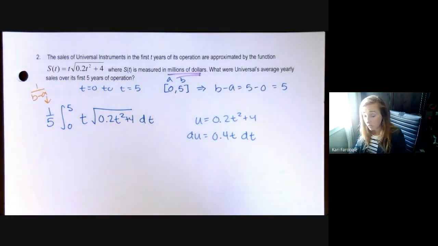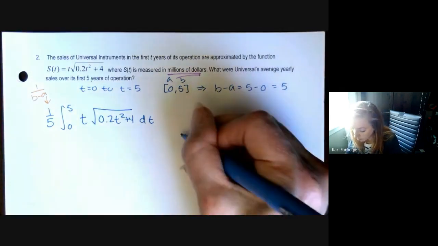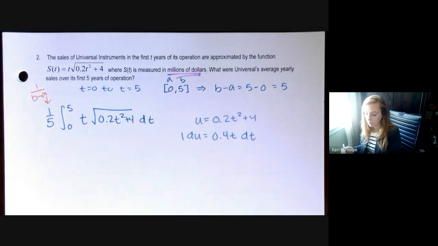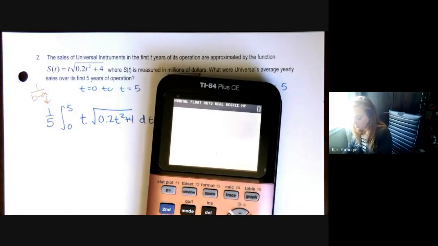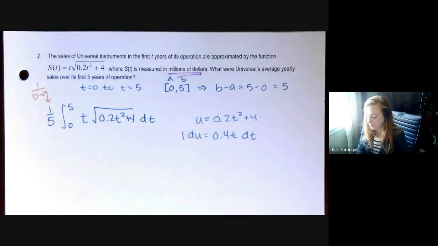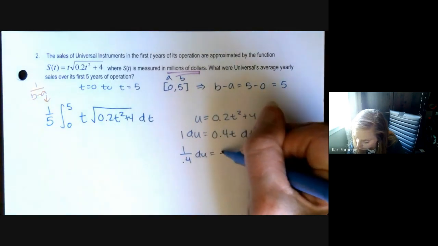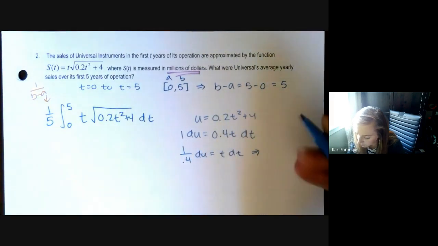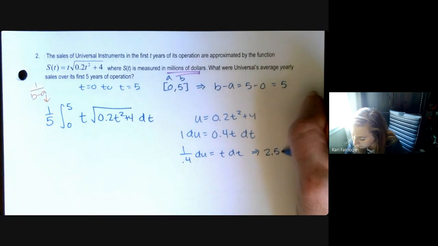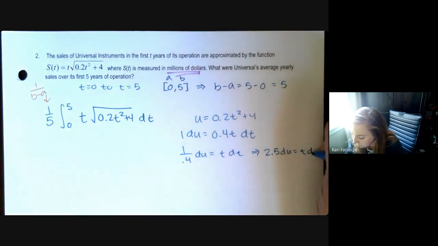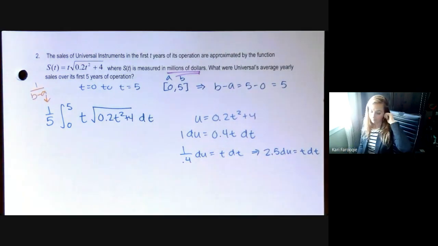If I divide both sides by 0.4, really you're just taking 1 and dividing it by 0.4, which is 2.5. So 1 divided by 0.4 du is t dt. That means 2.5 du is t dt.